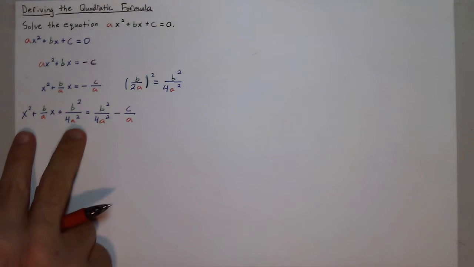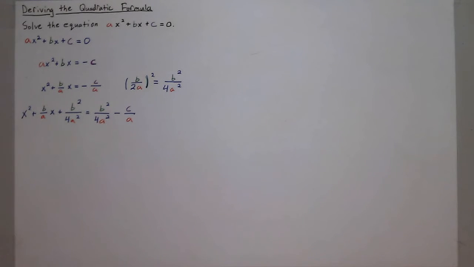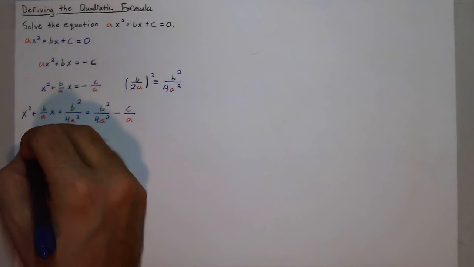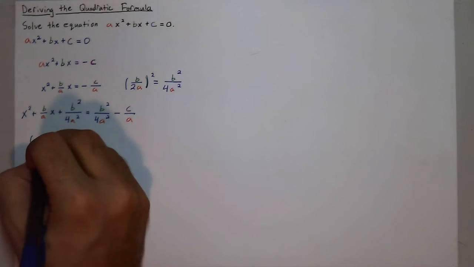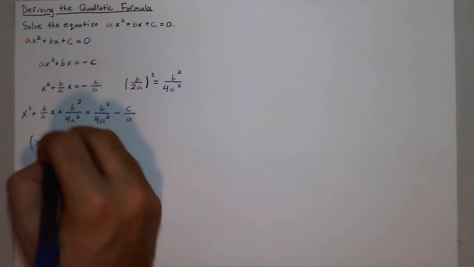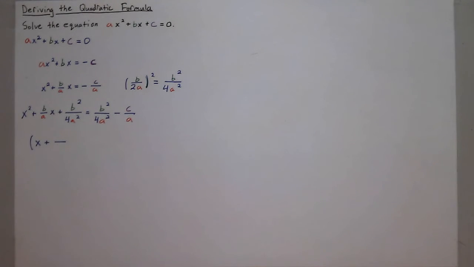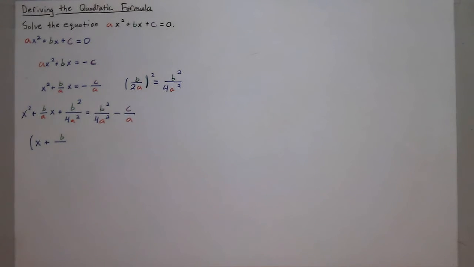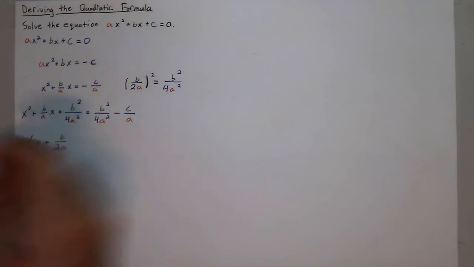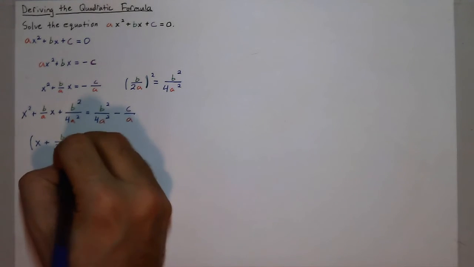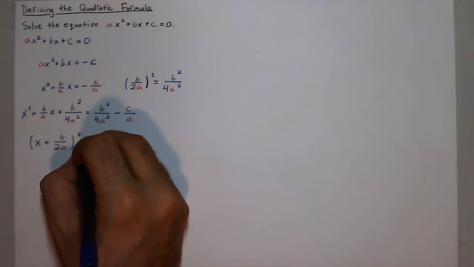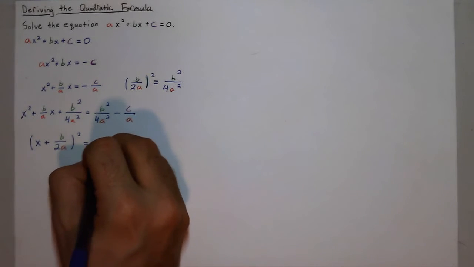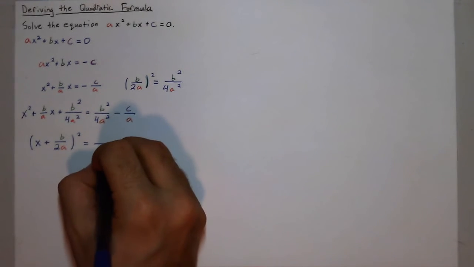Now I'm going to create the binomial squared on my left, which will be x plus half of that coefficient in front of x, so it'll be b over 2a, squared, and on the right I'm going to find a common denominator, which is going to be 4a squared.